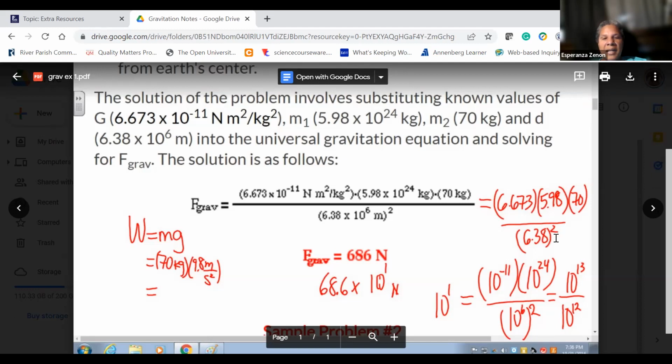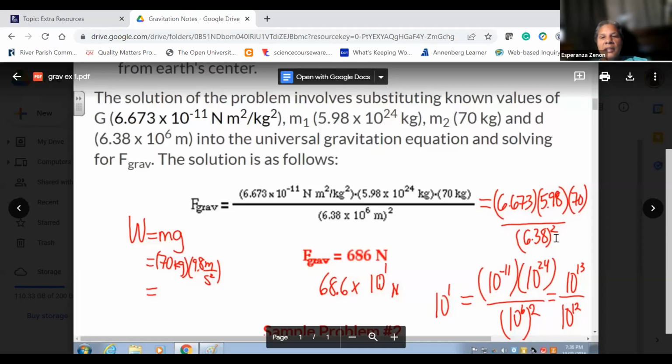What about on the bottom? I have 10 to the 6, but it's being squared. When I square an exponent, I multiply. So that becomes 10 to the 12. That's 6 times 2, right? So now on the top, I have 10 to the 13. On the bottom, I have 10 to the 12. When you divide exponents, you subtract.